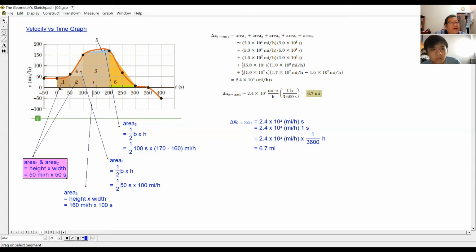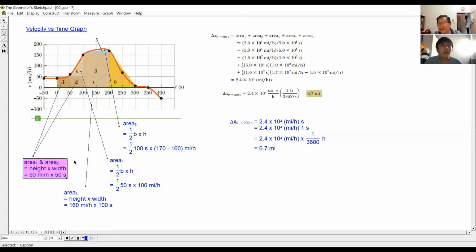The height is 50 miles per hour. What is the horizontal width here? 0 to 50, so it's 50 seconds. So if you want to find the area, you use 50 miles per hour times 50 seconds.